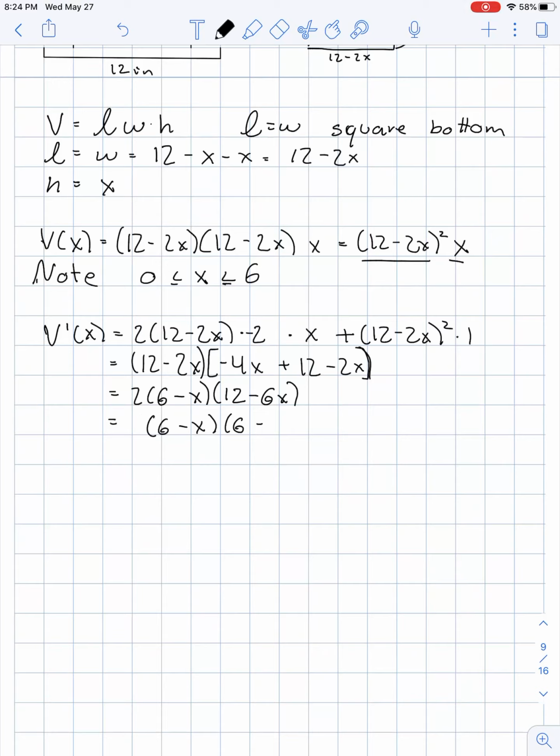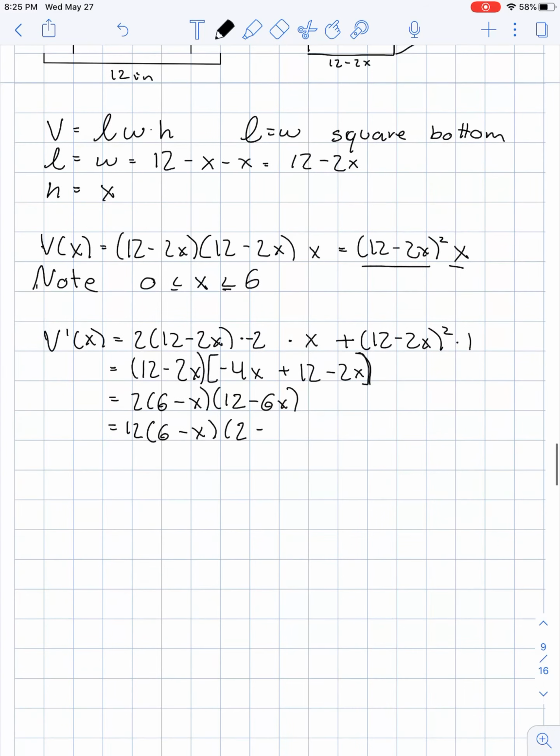So that's going to be 12, 2 minus X. So I pulled a 6 out of here, and that gave me 2 minus X. Okay. Beautiful. So that's what V prime of X is.